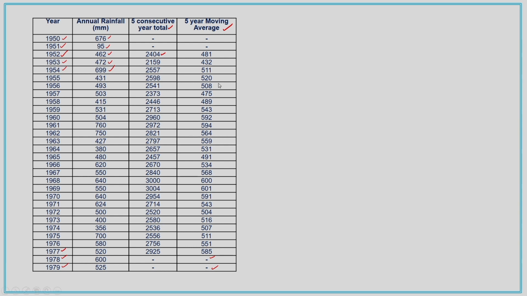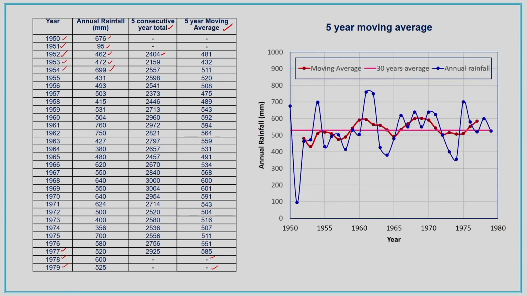After calculating the 5-year moving average, we will plot it. The moving average curve is given by this red line. We have the annual rainfall, the mean rainfall for 30 years, and also the moving average. Compare the curves corresponding to annual rainfall and the moving average.